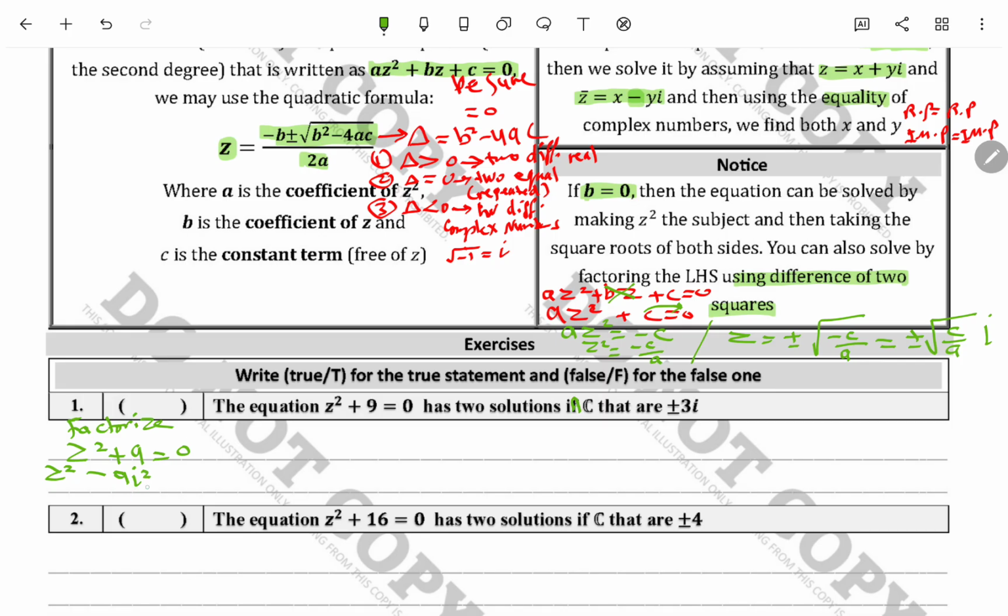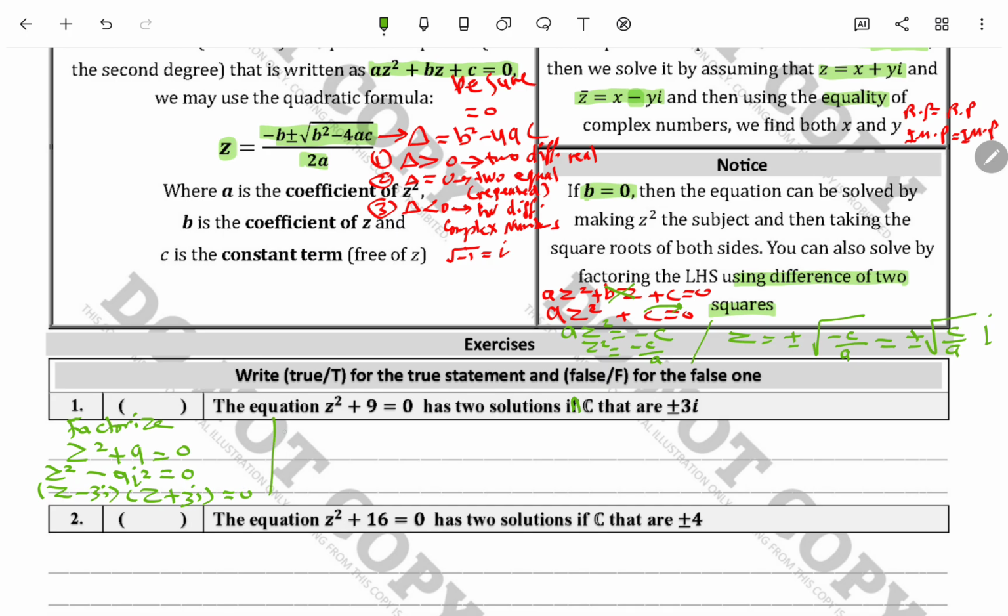That means i squared is negative, and a negative times a negative is positive, and that can be used as the difference between two squares. So you can factorize it as z minus 3i, then z plus 3i equal to 0.